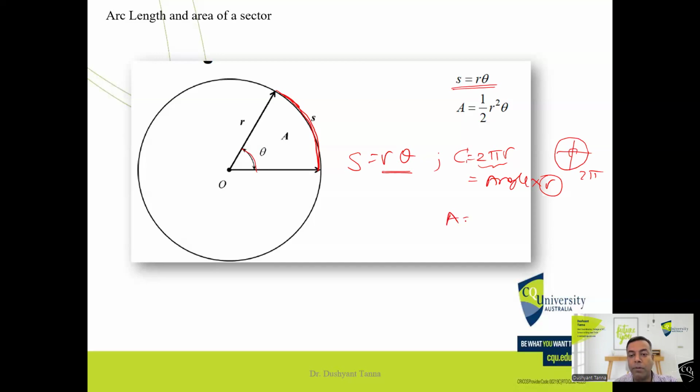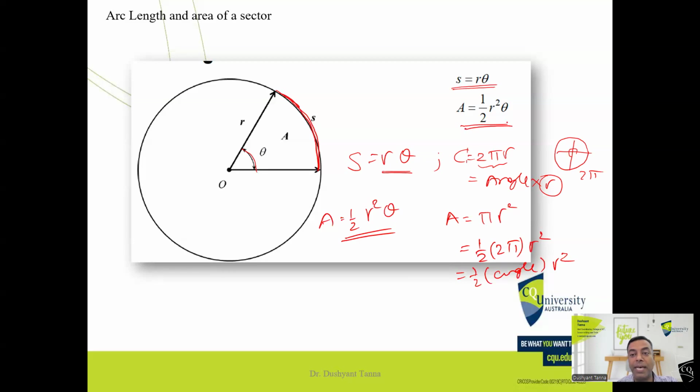Similarly, if you talk about the whole circle, the area is pi r squared. Can we write this as half times 2 pi times r squared? Again, it is half times the angle subtended times r squared. This is the same formula, r squared and theta.